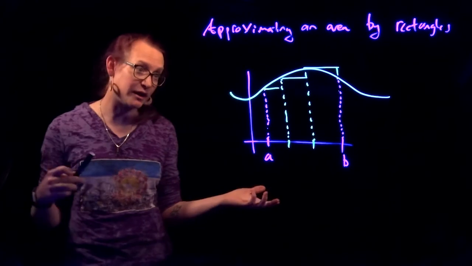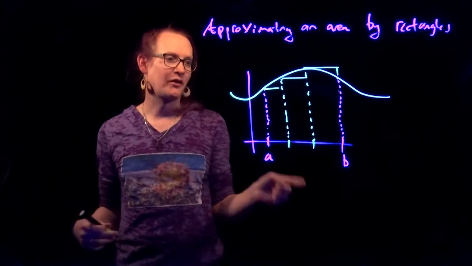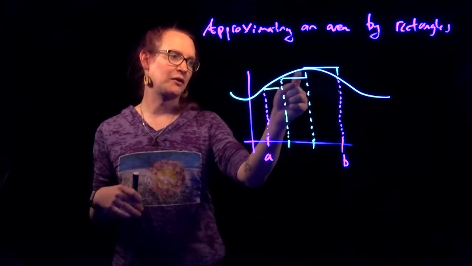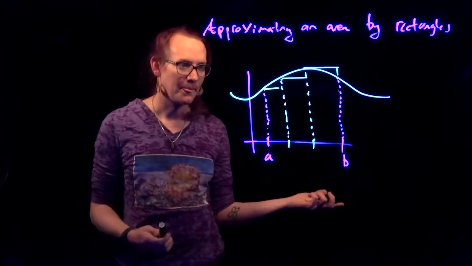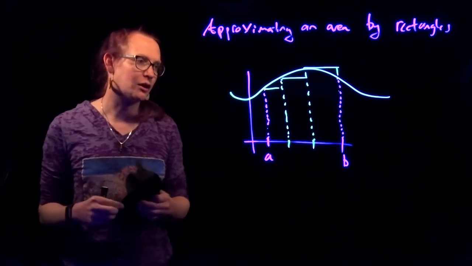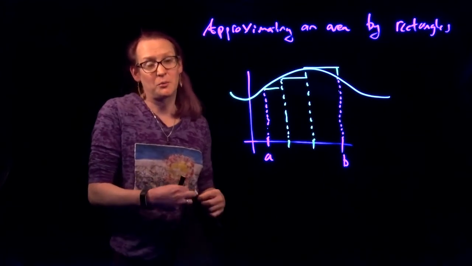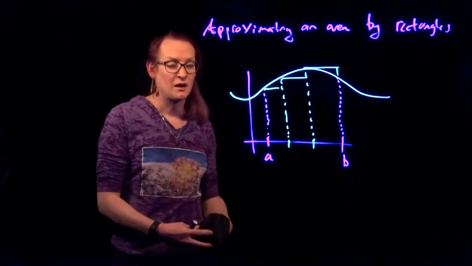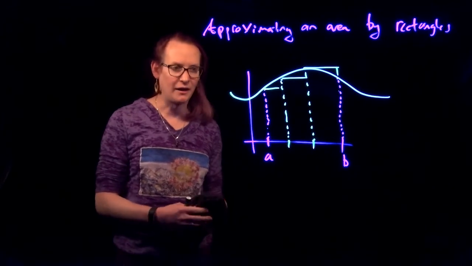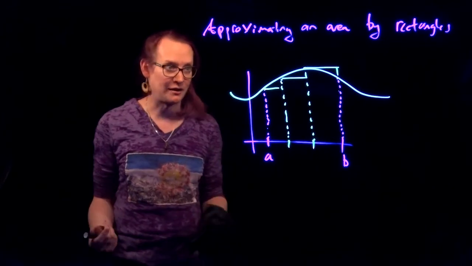This looks pretty good compared to our first one. We're undercounting here and undercounting here and overcounting here. I mean, we're always going to be a little bit wrong because we're using rectangles to approximate something curvy. But that's okay. What's so special about 3 rectangles?